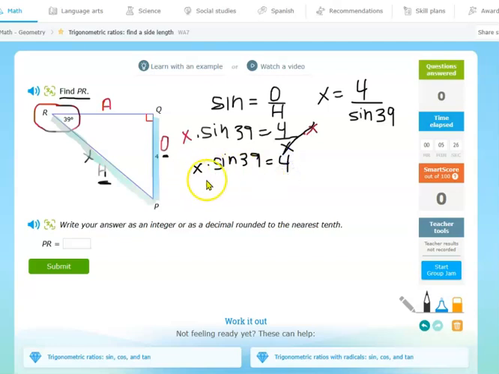Now remember, we want to get X all by itself, so now we're going to divide both sides by the sine of 39.